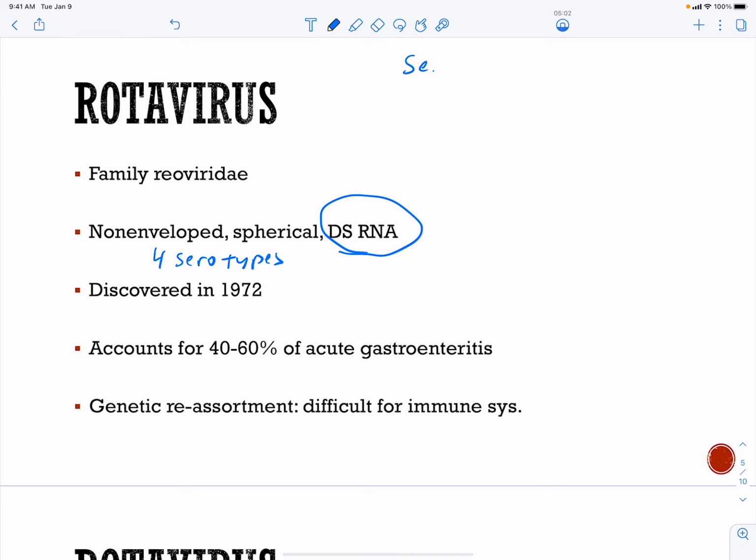And so what is a serotype? It means it's an antibody type. This means that each serotype has its own antibody response. So it's different enough that your immune system has to respond to it in a different way.